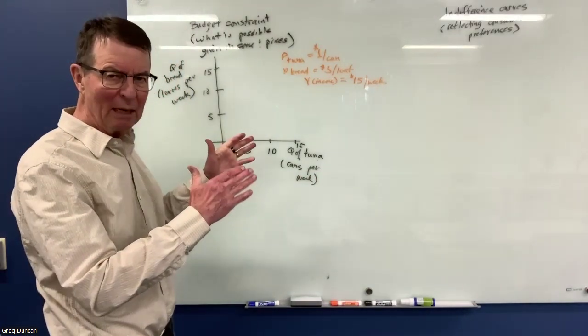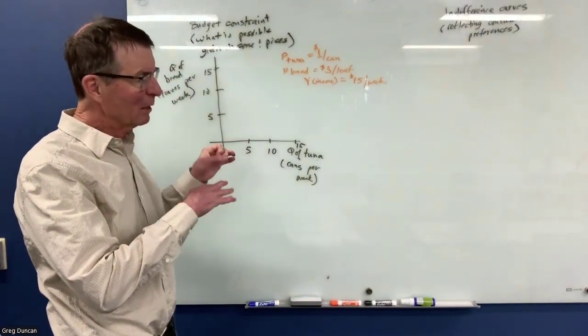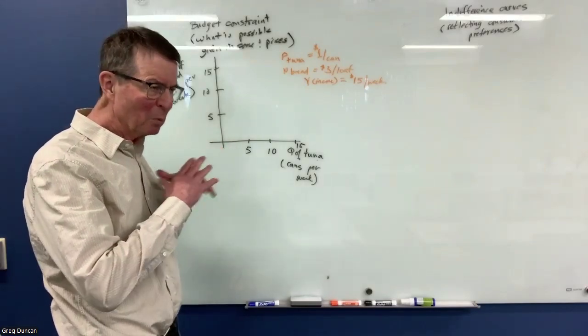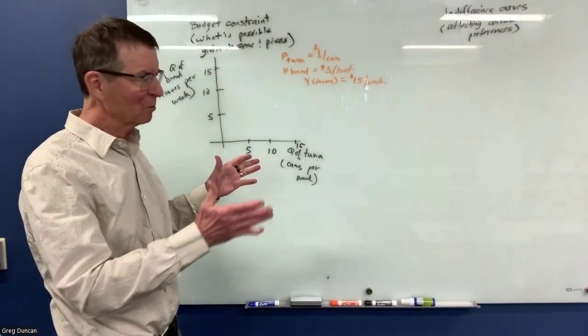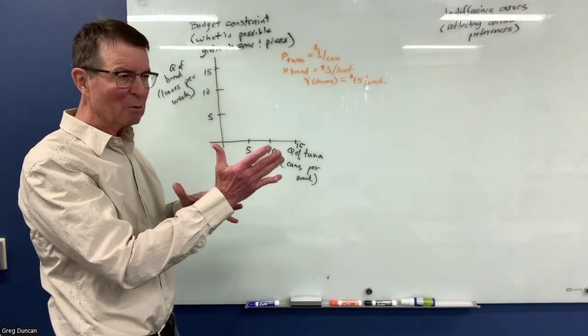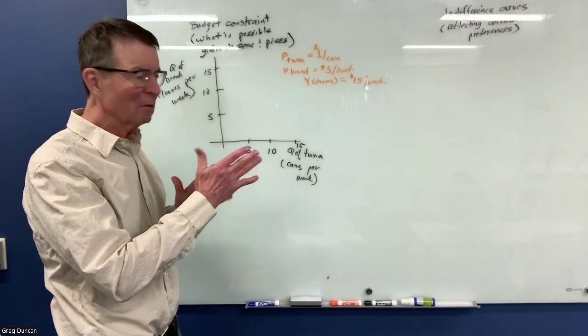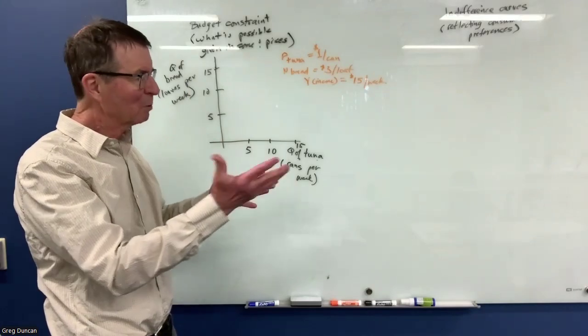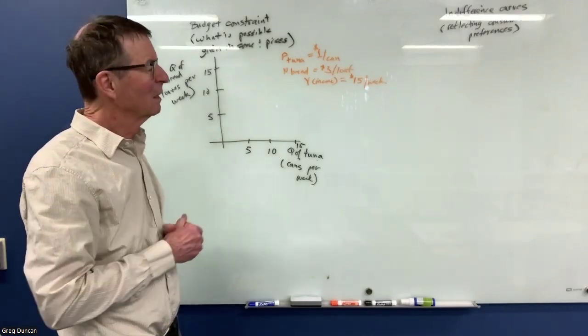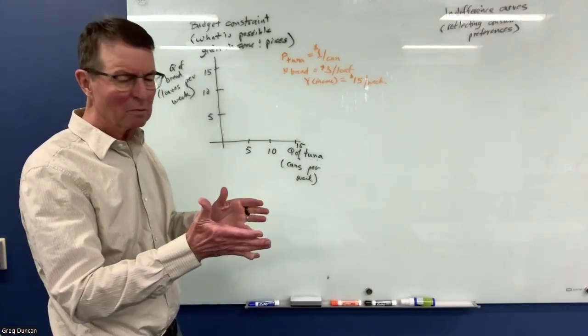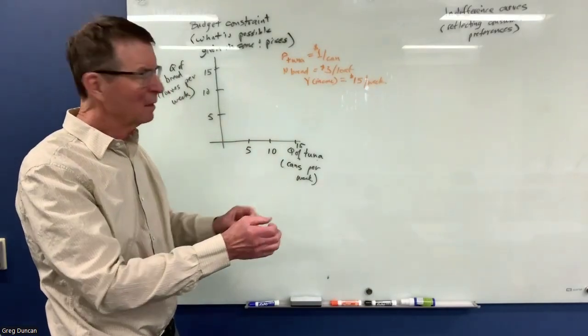With supply and demand, we had a demand curve and a supply curve. They were completely different from one another, right? The supply curve came from firms making decisions about how much of a particular good to bring to the market at different prices. That was the supply curve.